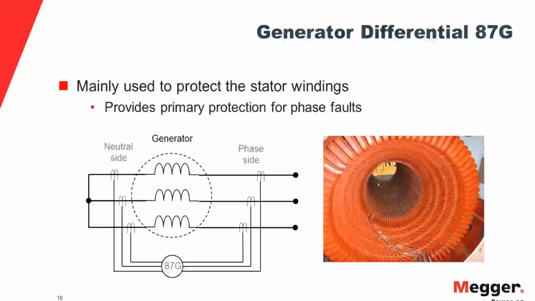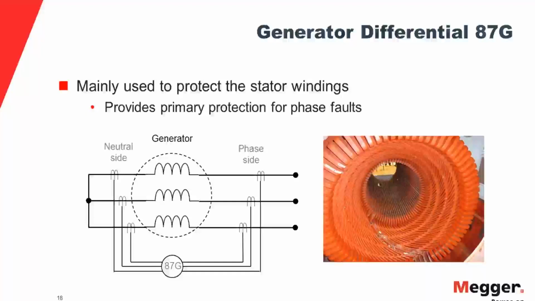Let's start with generator differential, which is typically called the 87G function. The basics of the generator differential protection function is pretty simple. What are we protecting in the generators using the differential function? Mainly, the differential functions are used to protect the stator windings.